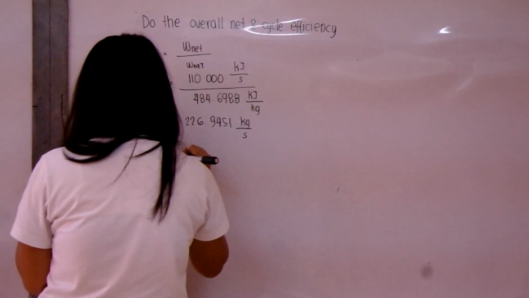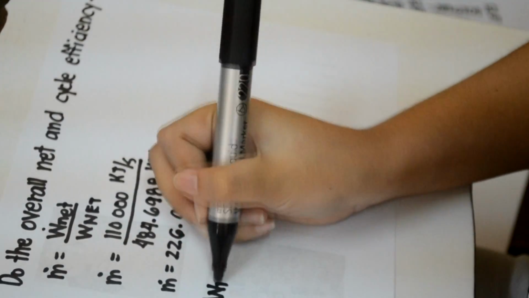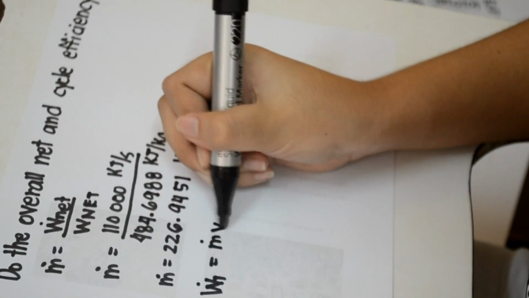Solving the power output of the turbine, we will use the formula mass flow rate times the isentropic work.